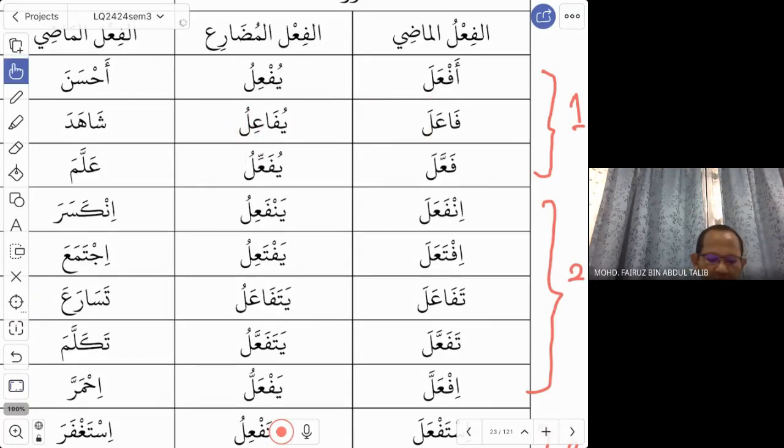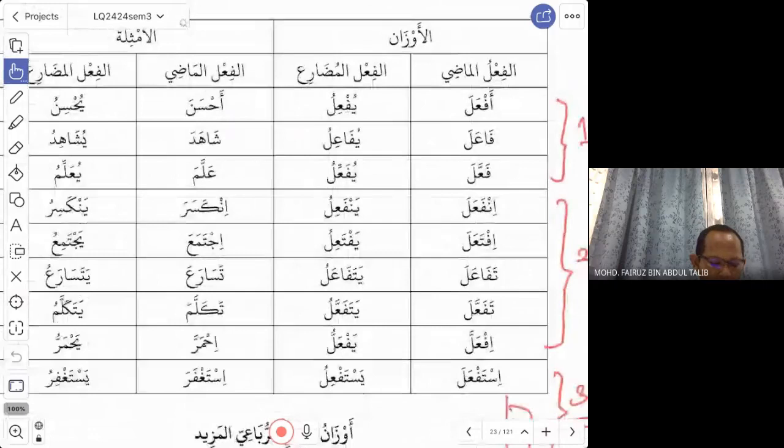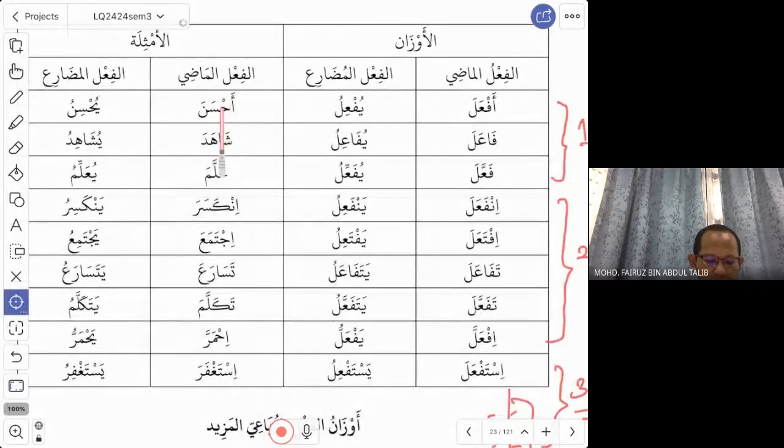What is the example? Example is ahsana yuhsinu. Okay, ahsana. So it is ha, sin, nun, original huruf, alif, additional letter. Yuhsinu, ha, sin, nun, original huruf, ya. This is the mudari letter. You add this ya. Okay, yuhsinu.